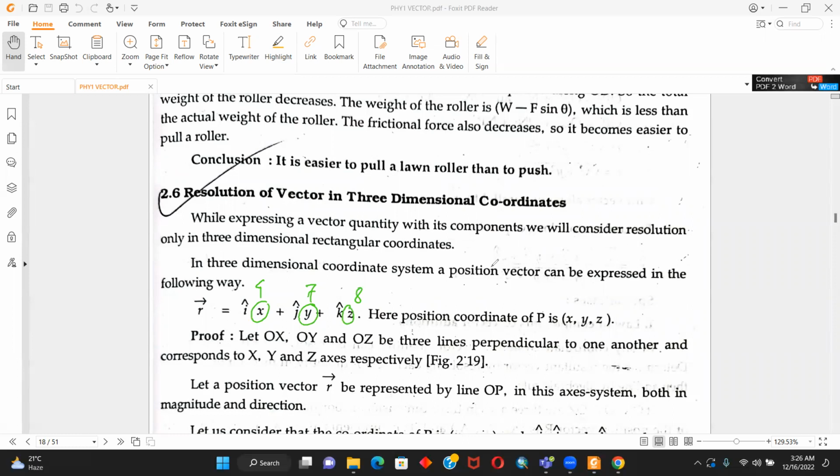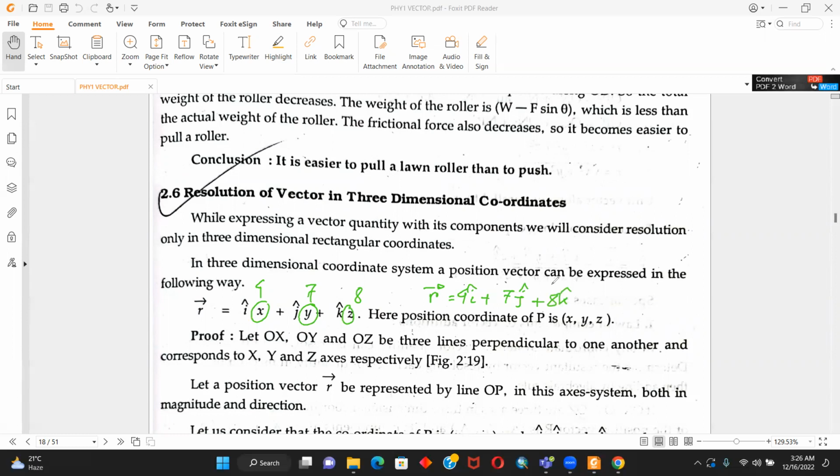Then the vector would become r vector equals to 4i hat plus 7j hat plus 8k hat. Am I going a little fast? You can tell me if I'm going fast. No, we're good.